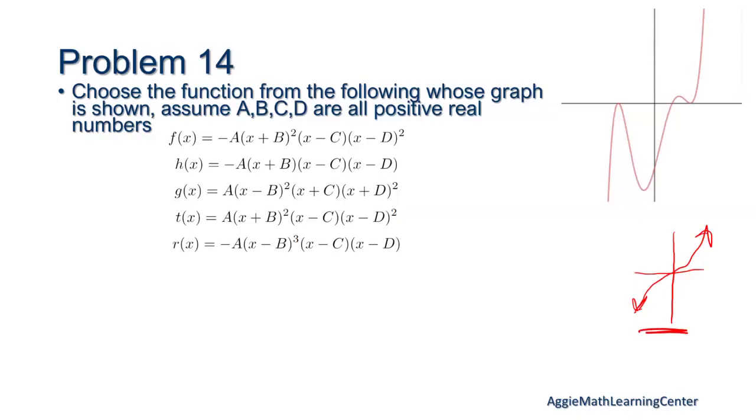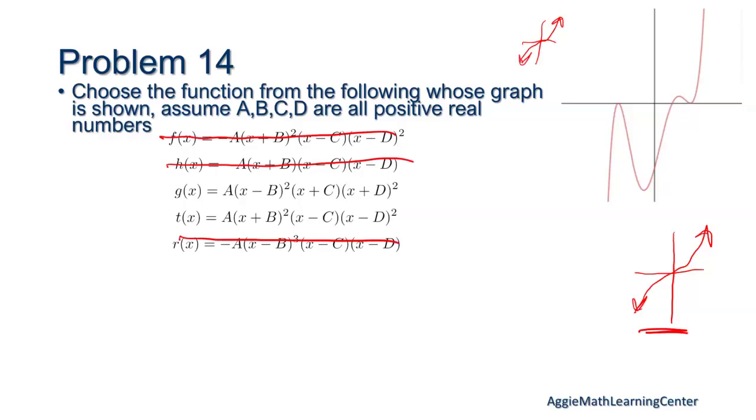Because a positive cubic function looks like that. If it was negative, then it would be the inverse. And because this one opens down on the left and up on the right, we can already eliminate that it's a negative A, so it's not that one, not that one, and not that one.